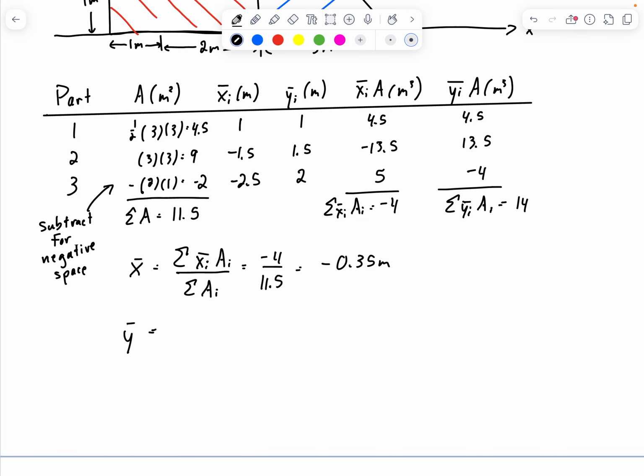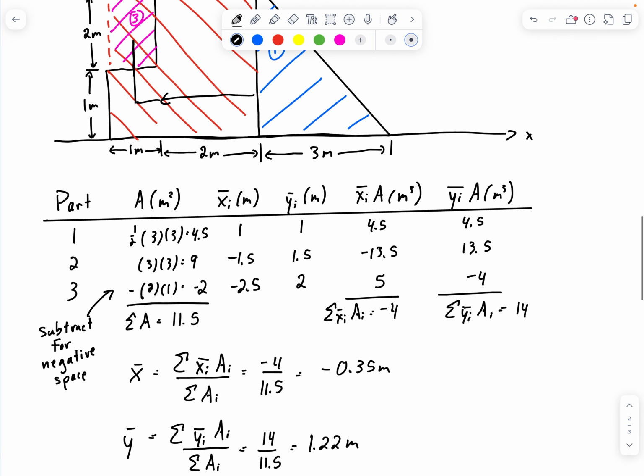And y bar is equal to the summation of yi bar times ai over the summation of ai, which gives us 14 divided by 11.5. So that tells us that the y centroid is located at 1.22.